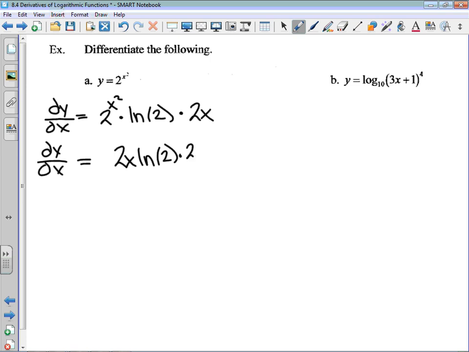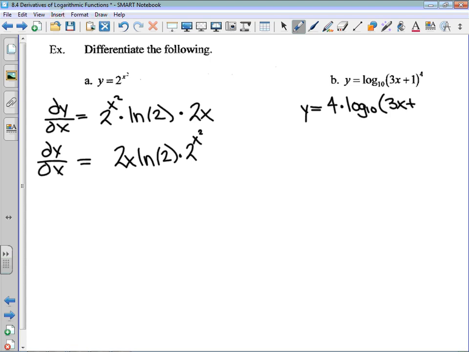There's another way of doing this called logarithmic differentiation, which we're going to cover a little bit later on. But for now, we're going to practice using those forms that are given to us. I am going to use a little bit of a log law here. I'm going to get that exponent into a coefficient. So it's 4 times log base 10, which we don't even need to write, but it's there, of 3x plus 1.